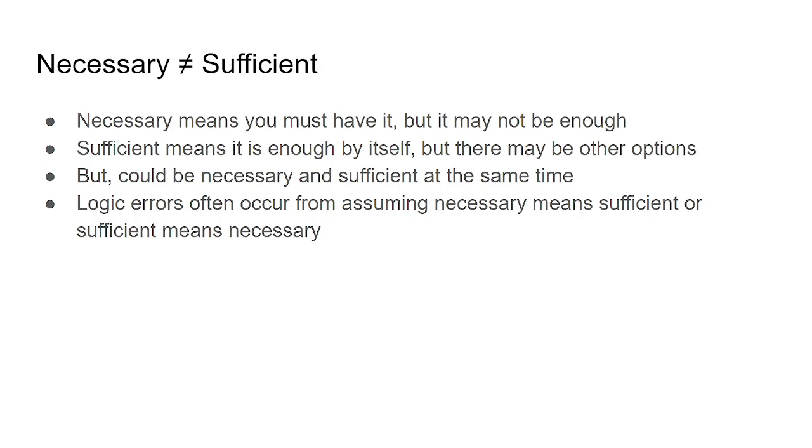It's not necessarily necessary. But you can have something that is necessary and sufficient. It's just not guaranteed. Like one doesn't guarantee the other. And people will often get things wrong by assuming that necessary means sufficient or sufficient means necessary.